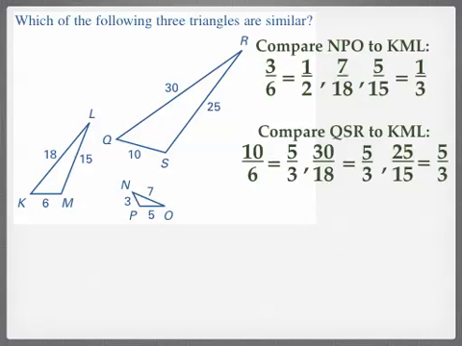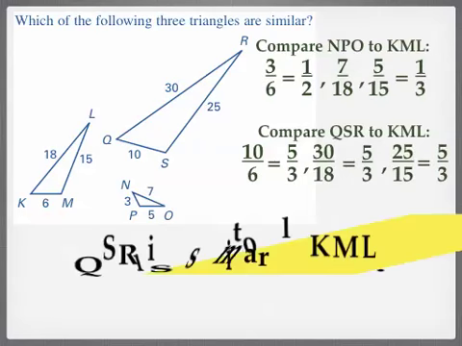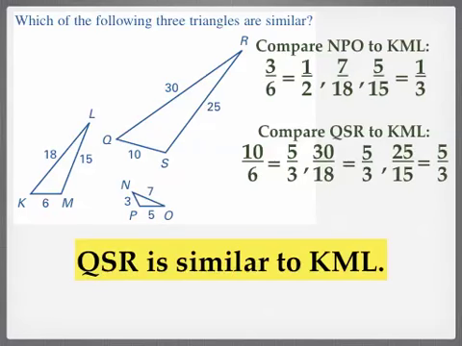Because when I wrote a ratio of corresponding sides for triangle QSR and triangle KML, I got the same ratio for all three, which was 5 over 3, I can say that triangle QSR is similar to triangle KML.